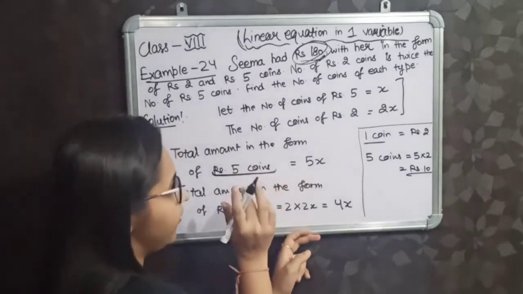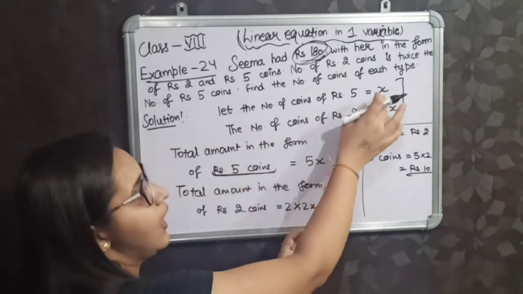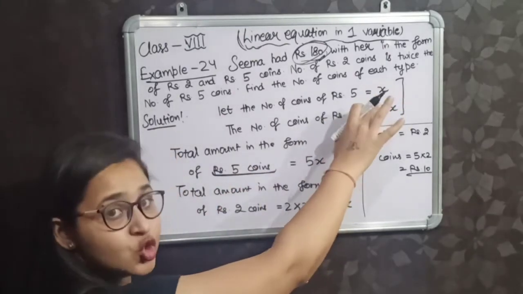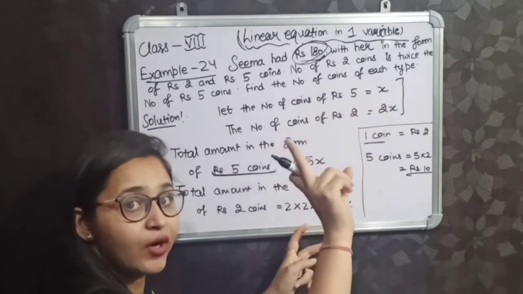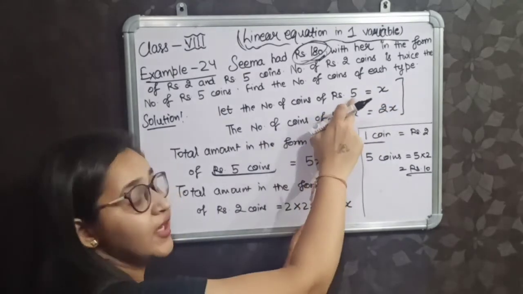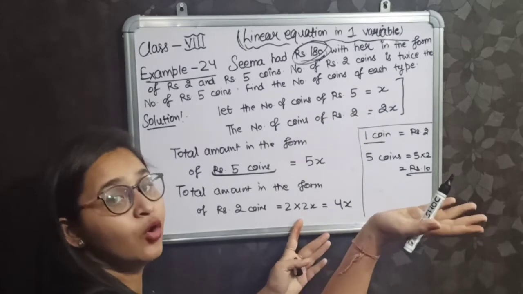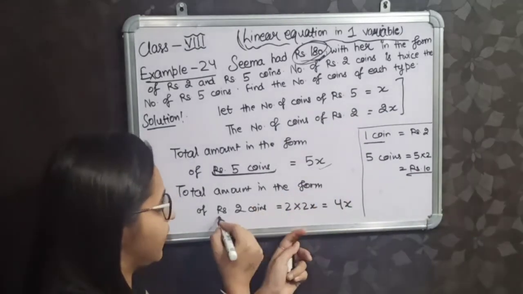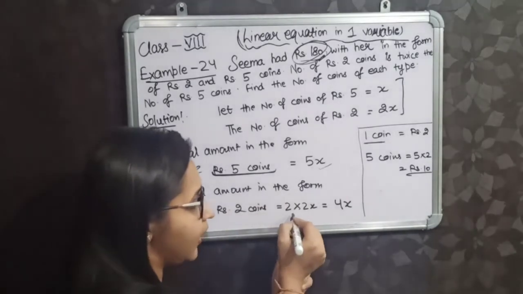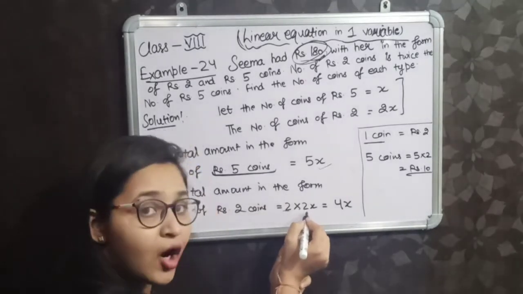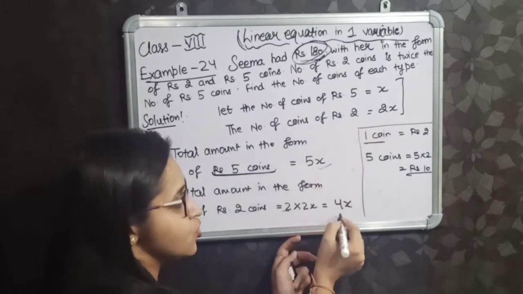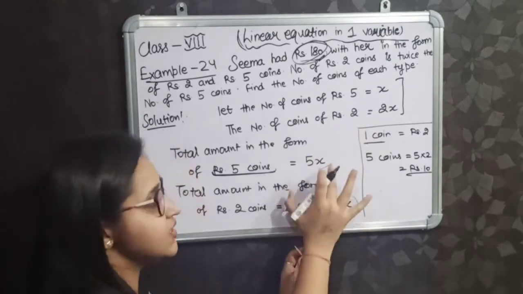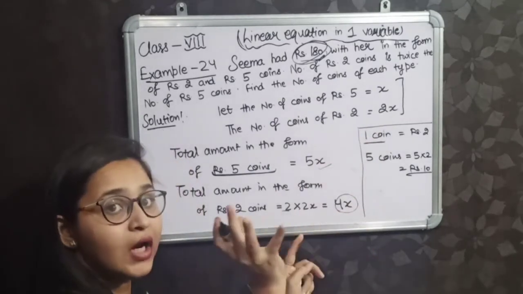If there are X coins and each coin costs rupees 5, then the total amount will obviously be 5X. And the same rule applies here. The total amount in the form of rupees 2 coins will be 2 multiplied by 2X, so 4X. These are now my total amounts.